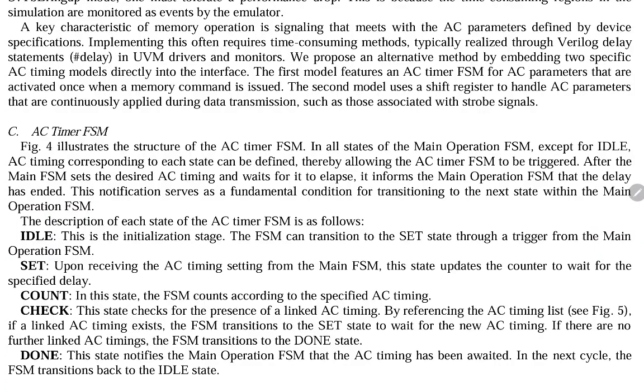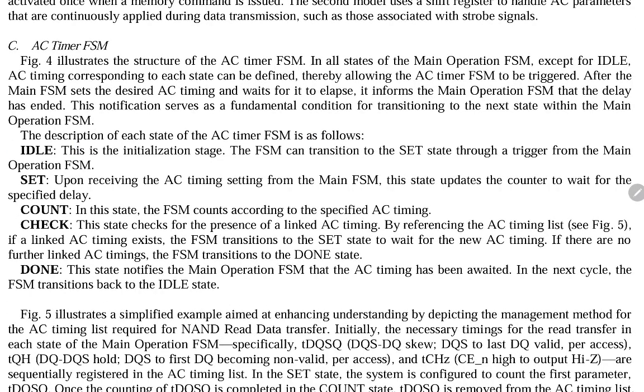The description of each state of the AC timer FSM is as follows. Idle: this is the initialization stage, and the FSM can transition to the set state through the trigger from the main operation FSM.